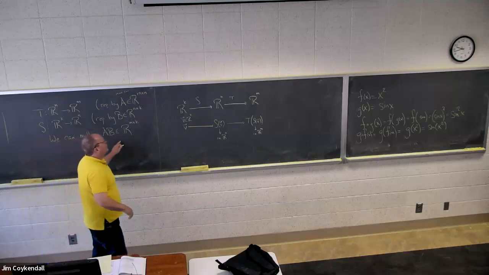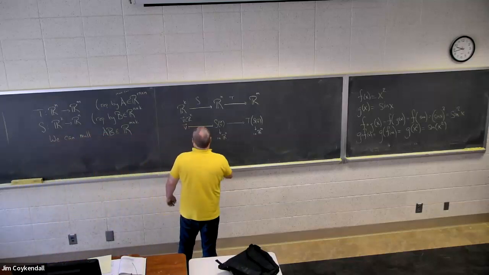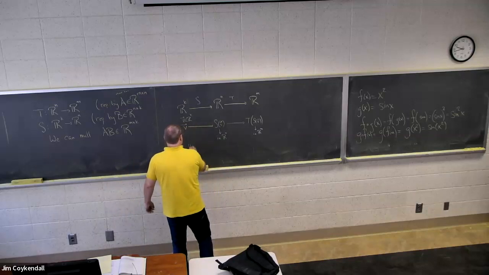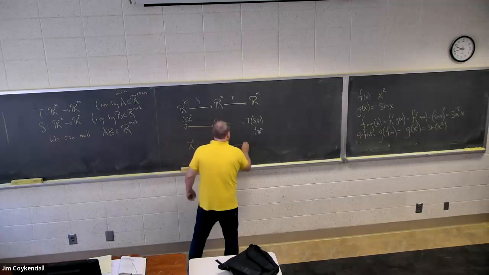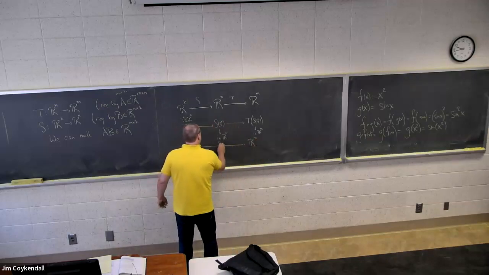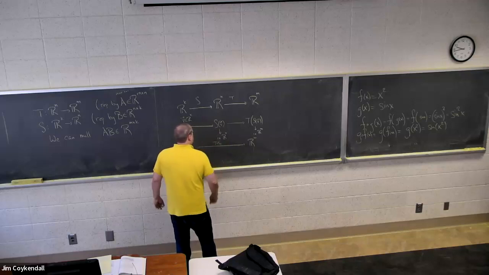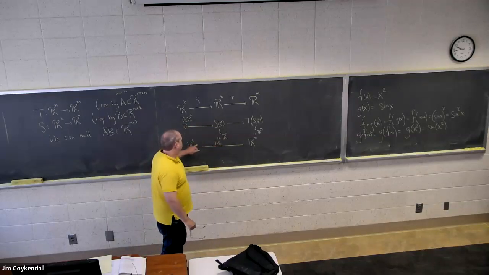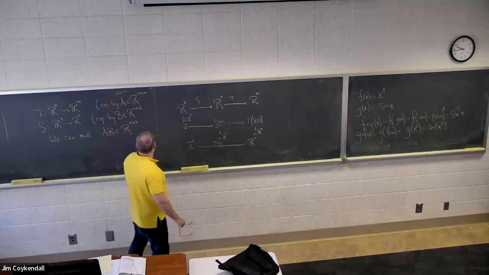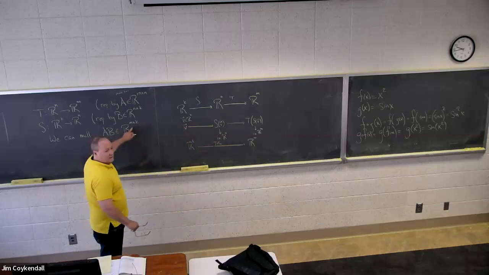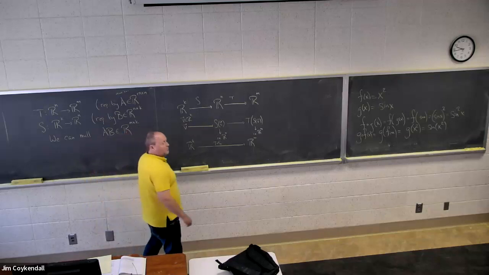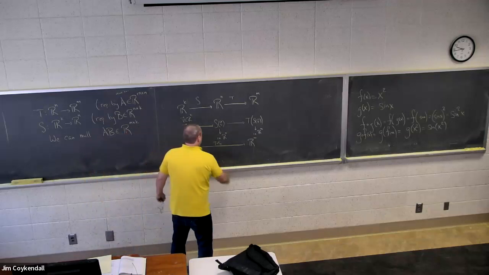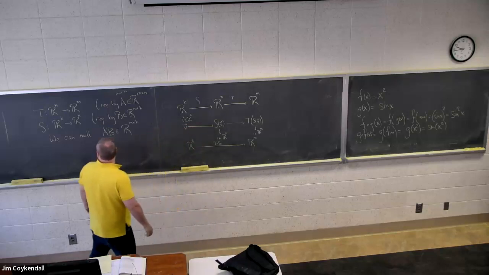So notice that when you do this, this is T composed with S. You do S first, then you do T, and this gives you a linear transformation from Rk to Rm. And what do you suppose that this T composed with S is represented by?